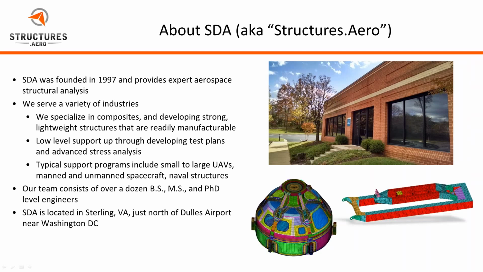And we typically support anything from small to large UAVs, manned and unmanned spacecraft, naval structures. We've done some commercial aircraft. Our team consists of over a dozen bachelor's, master's, and PhD level engineers. And we're located in Sterling, Virginia, which is just north of Dulles Airport.